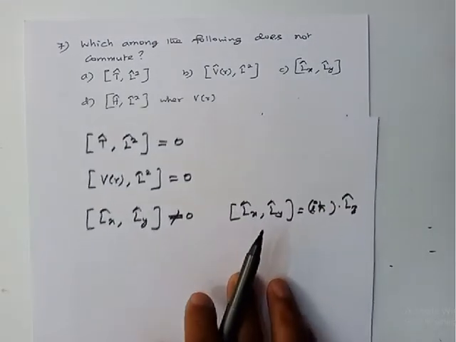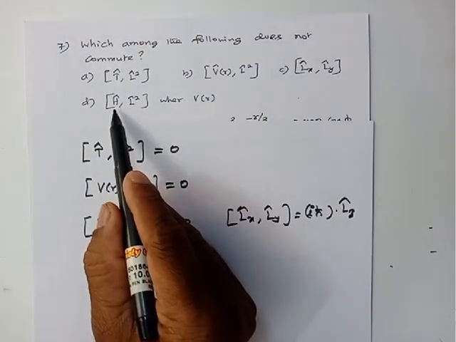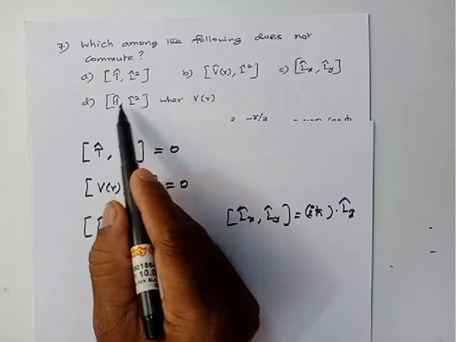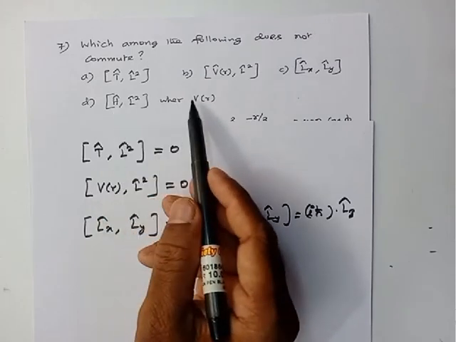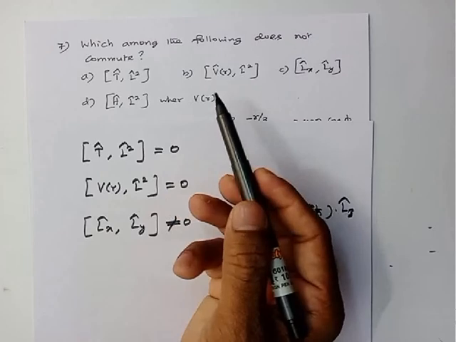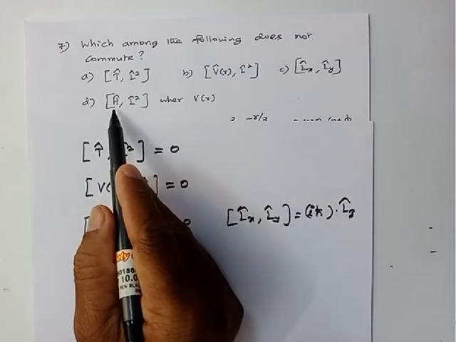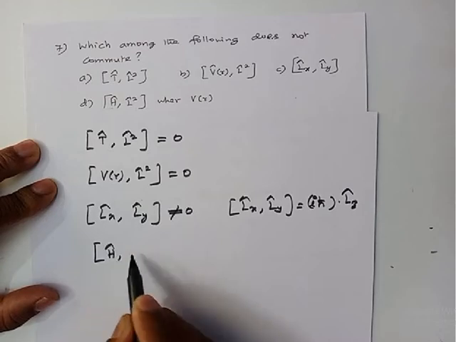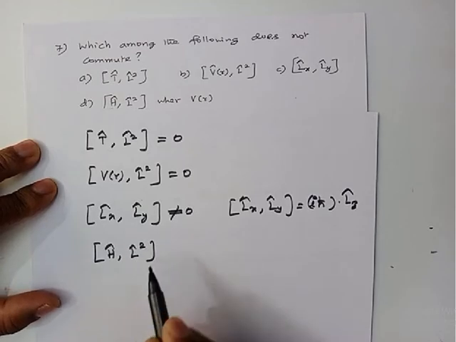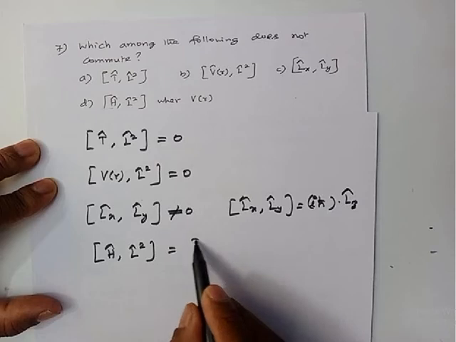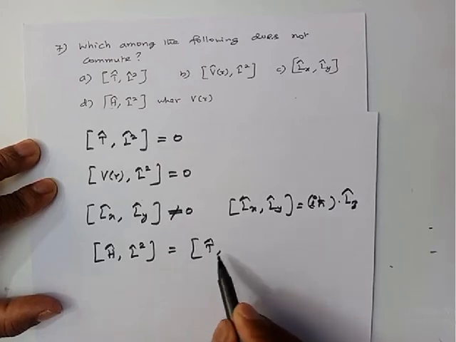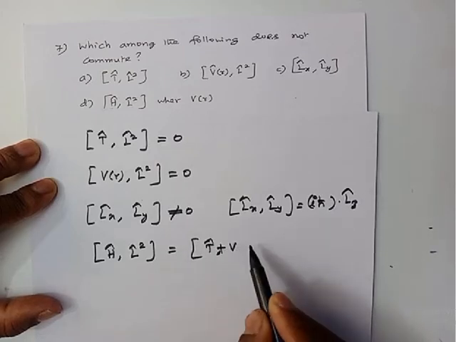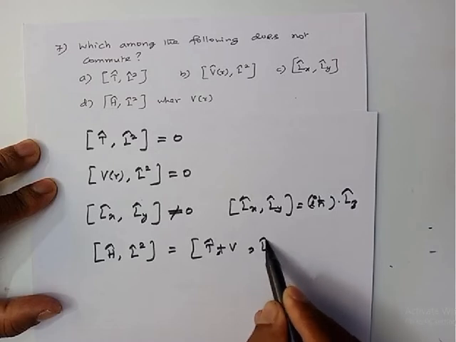Then the next one, the Hamiltonian operator with L square, where potential energy is a function of R only. It's very clear. Do the Hamiltonian and L square operator commute or not? You know very well, the Hamiltonian operator can be written as kinetic energy plus potential energy, comma L square.